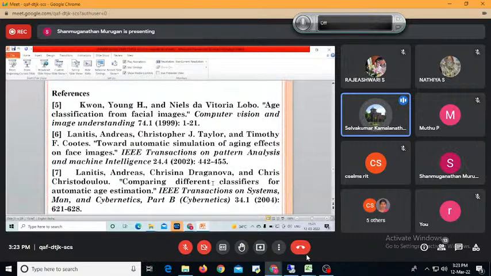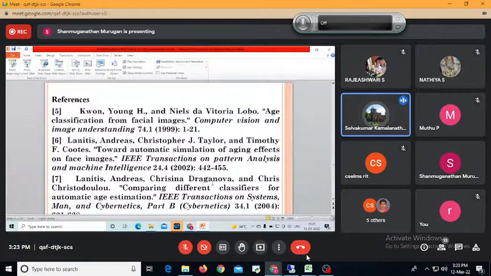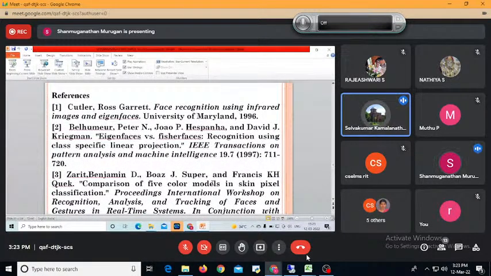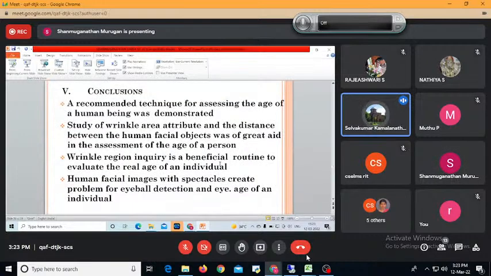How many nodes are there in this deep learning network? Input nodes, output layer nodes, and in between, how many hidden layers? Two, sir, I implemented two hidden layers. On what basis did you incorporate two hidden layers?